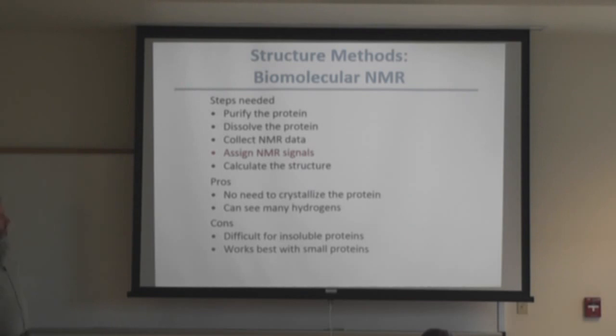Well, you don't have to crystallize it. It doesn't necessarily mean it's the best, but one of the advantages of NMR is that you can look at multiple conformations in one tube. Like you can do an NMR cycle with a protein, then add some kind of ligand and look at a conformational change.